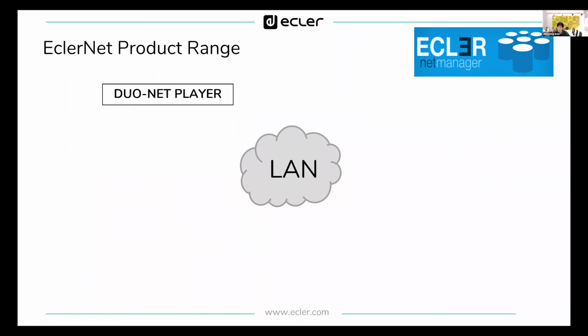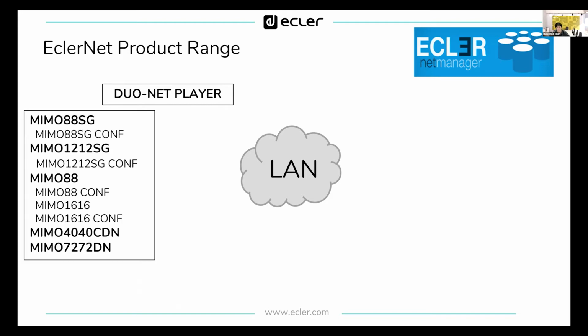So if we look at how each and every device is called, we have EclerNet player, which is a player, obviously. We have our matrices, which we have as hardware: MIMO88SG, MIMO1212SG, MIMO88, MIMO4040 CDN, and MIMO7272DN. These are hardware.